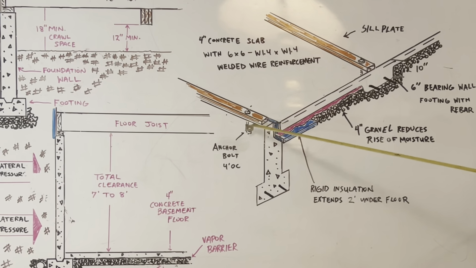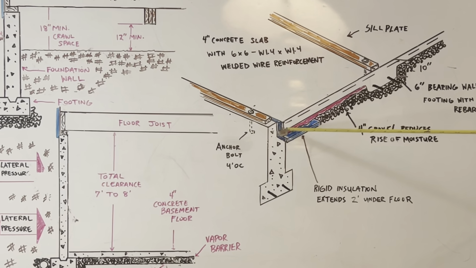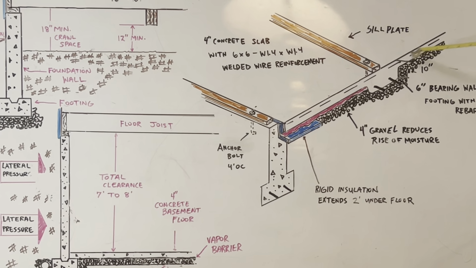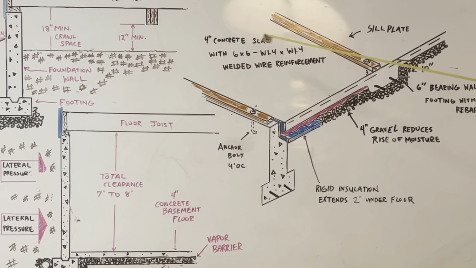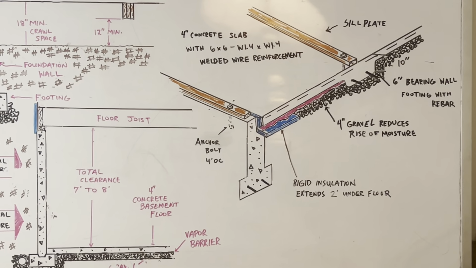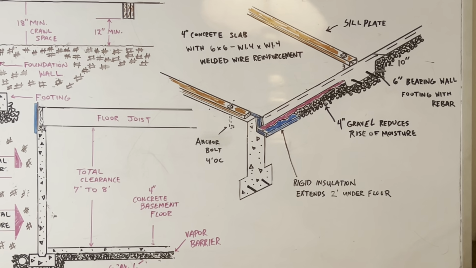You see right here, I got my anchor bolts, okay? 4 foot on center. You look at my dashed line right here, the dashed line that I got going across this slab indicates right here, I got a 4 foot concrete slab with 6 by 6, and I got W1.4, that's your wire reinforcement, or welded wire reinforcement, okay?